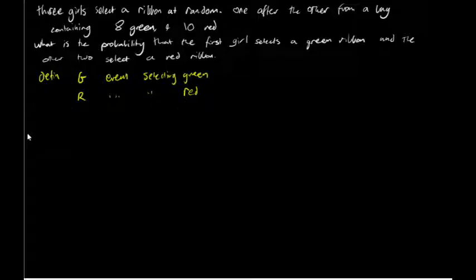So for the first selection, selecting a green, we have 8 green and 10 red. So we can select 8 out of a total of 18.